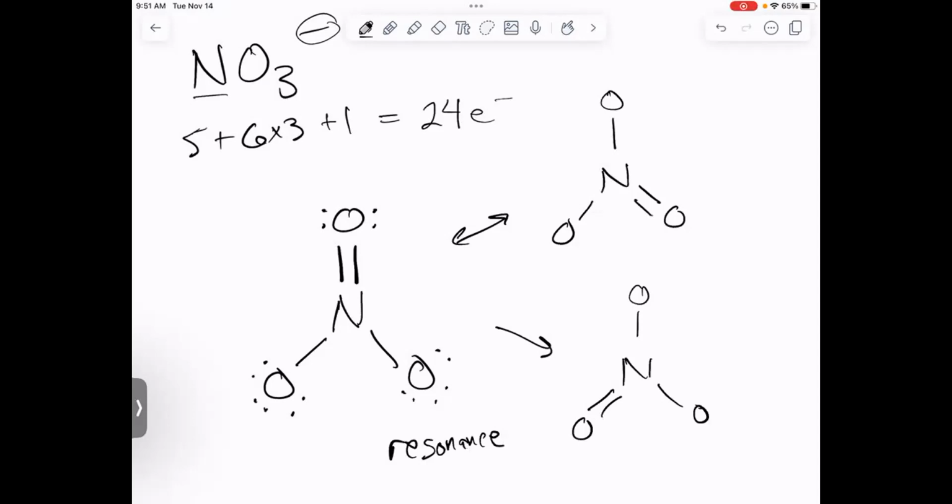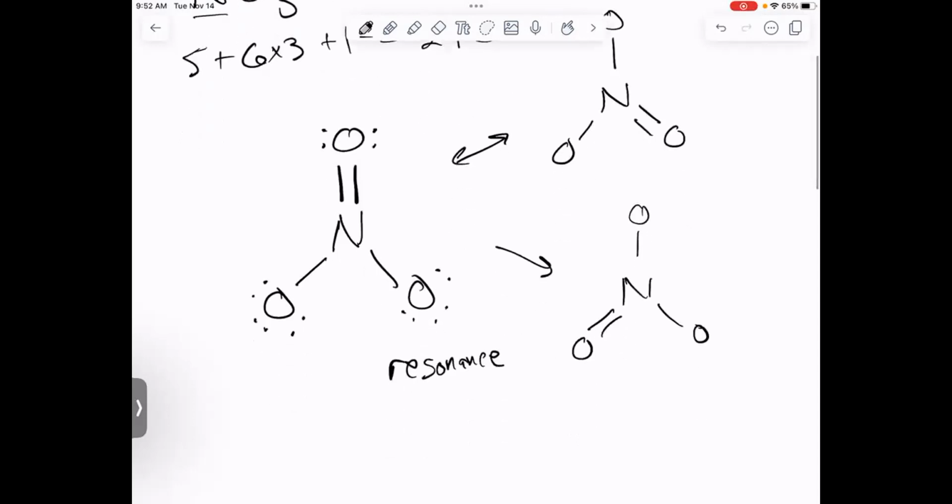In reality, every one of those bonds, instead of being a plain single bond or a double bond, is probably more like a bond and a third. That one extra bond is evenly distributed between all of them, which is strange, but there are ways that we actually know that's happening. If that double bond could be in any of those spots, it's almost in all of those spots at the same time to some extent.